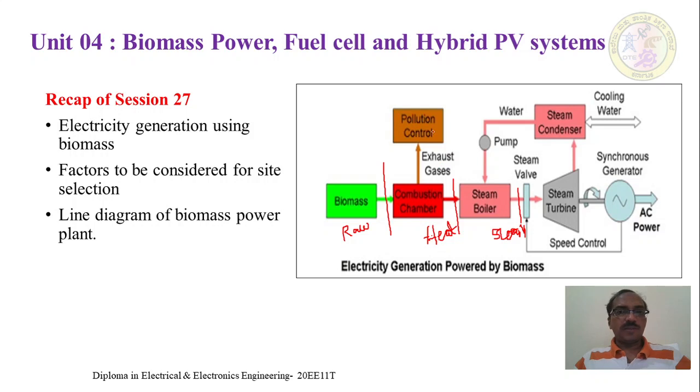At the same time, the exhaust gases are passed through the electrostatic precipitator, so that they are made as clean as possible, and then the fumes are left out to the air. This is what we have seen in the previous class.